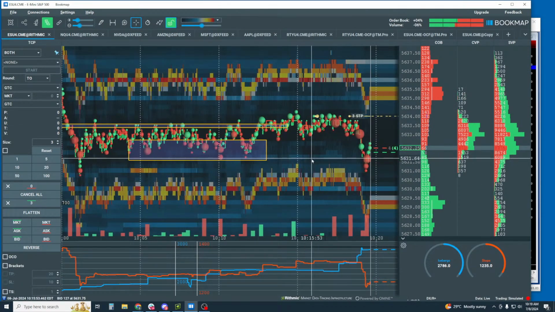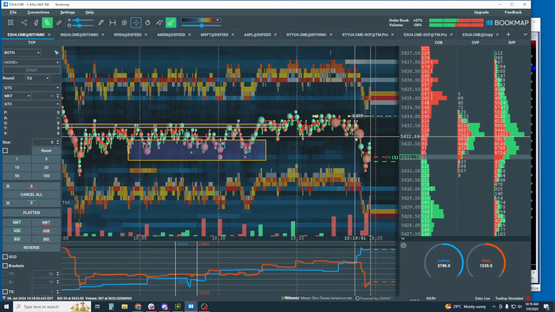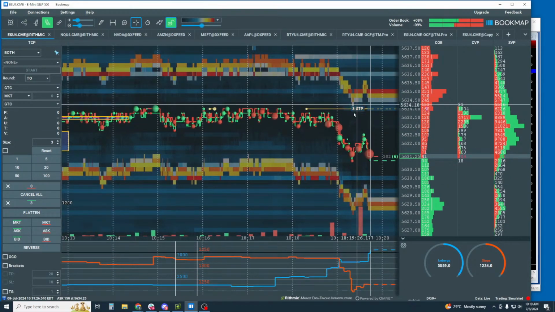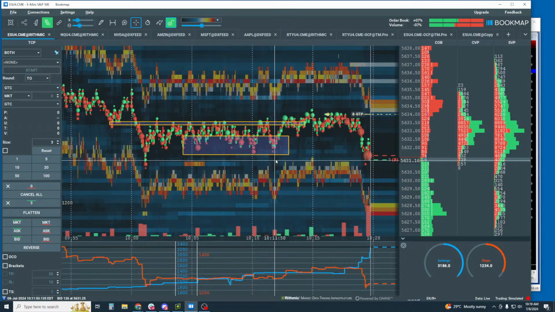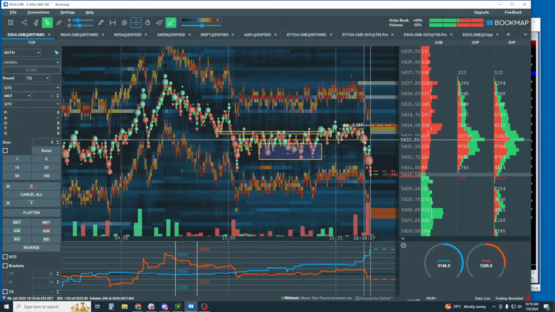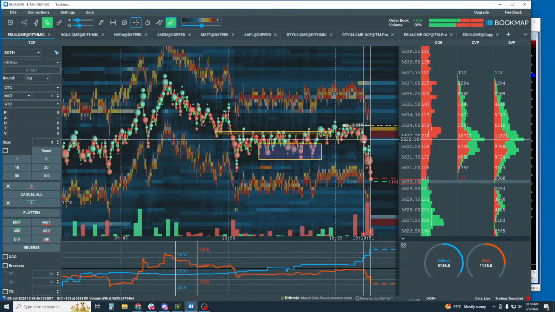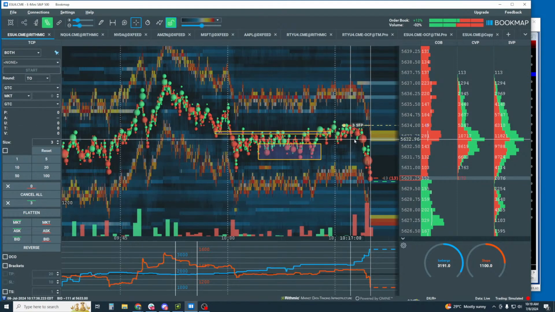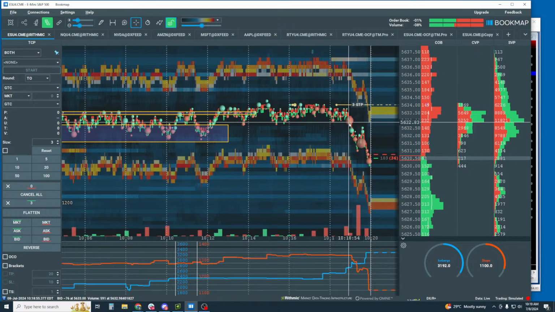All right, let's see if we get a rejection down here. And let's see if we get back up above. Okay, and then our idea is still on here. But to me, it looks like our secondary idea was the push through here by the sellers, and that's through that point of control. And this is kind of what we were looking for here.